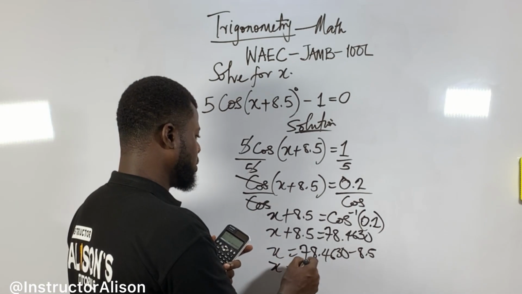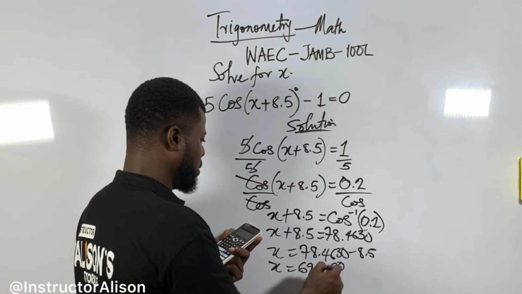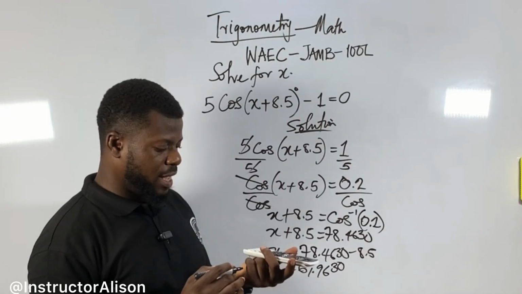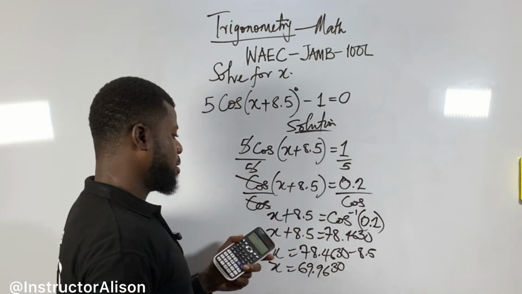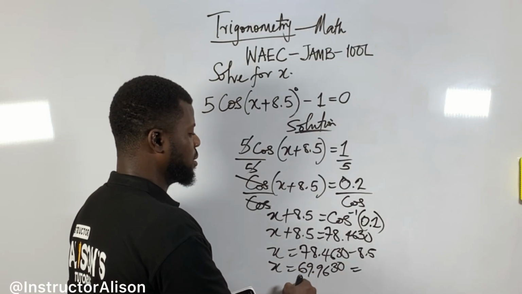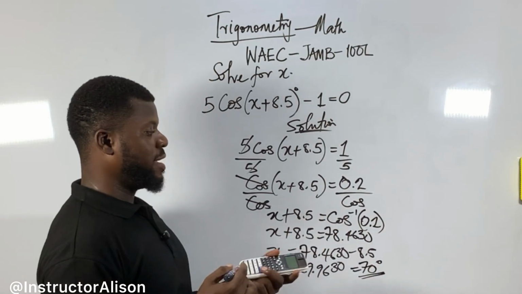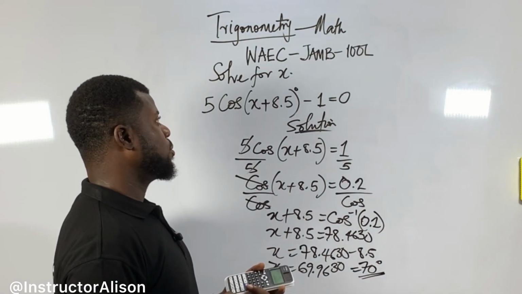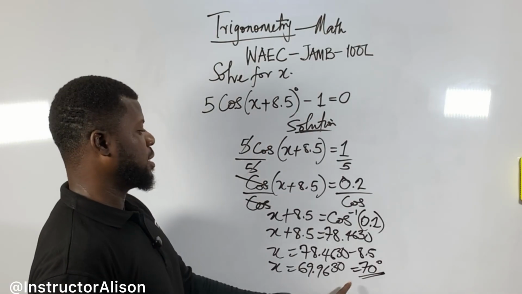So x is 69.9630. If you want to keep the answer to the nearest whole number, the 9 after 69 rounds it up to 70 degrees. That is to the nearest whole number. So the value of x is 70 degrees.